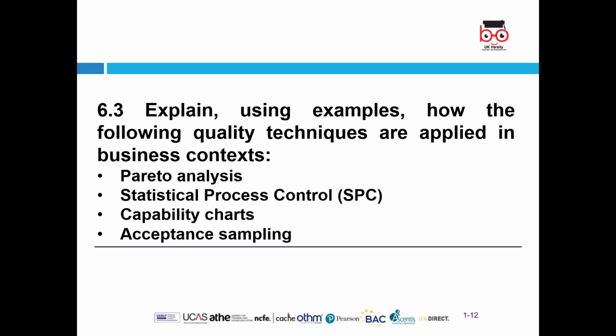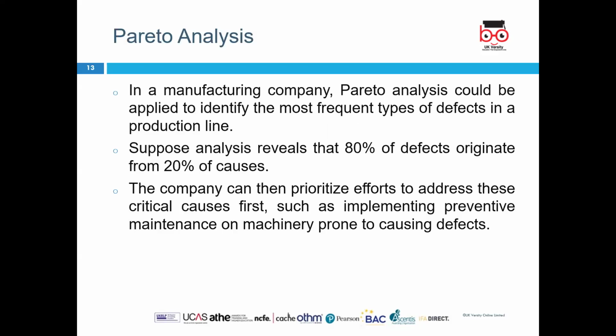So next we look into the different quality techniques and how they are applied in business context. For this, we will be looking into Pareto analysis, statistical process control, capability charts, and acceptance sampling. The first one is Pareto analysis. In a manufacturing company, Pareto analysis could be applied to identify the most frequent types of defects in a production line.